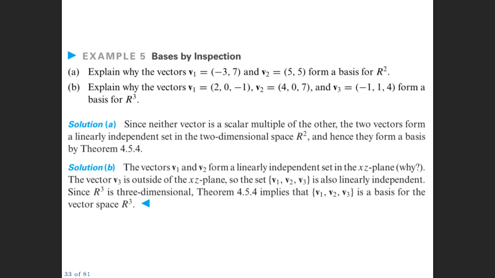Now let's look at B. First of all, let's just look at v1 and v2 in R3. Both of these vectors have second coordinate 0, so both of these are in the x, z plane, and these 2 vectors are not a multiple of each other. So these 2 vectors are linearly independent from each other. Therefore, they must form a linearly independent set in the x, z plane.